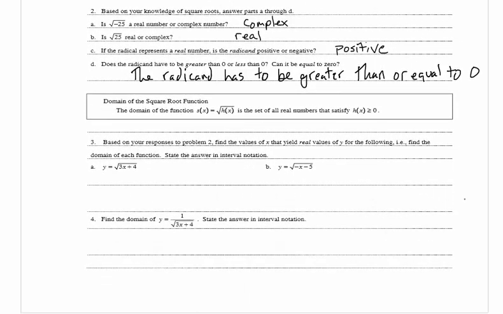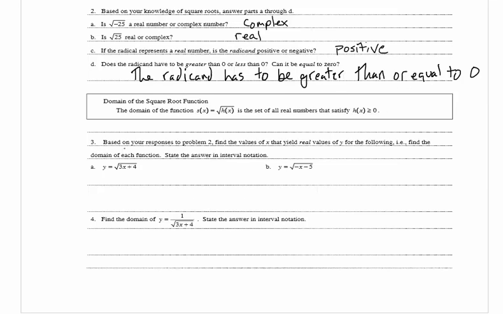The domain of a square root function, s of x is equal to the square root of h of x, is the set of all real numbers that satisfies h of x being greater than or equal to 0, which is what we just talked about in D.